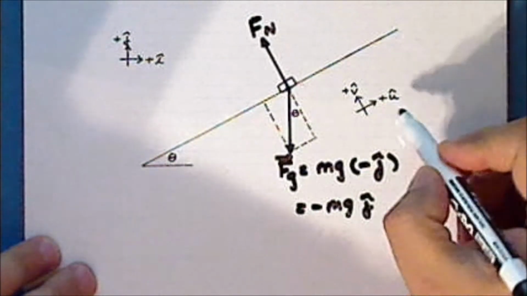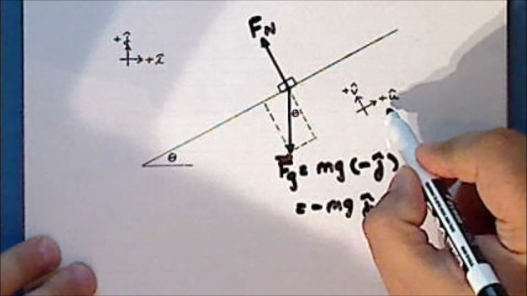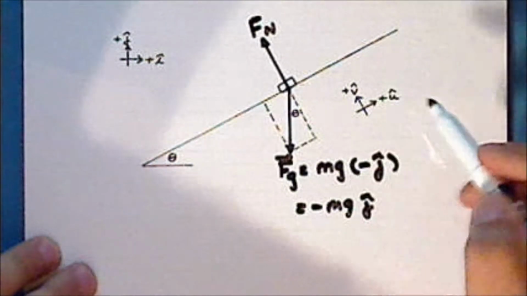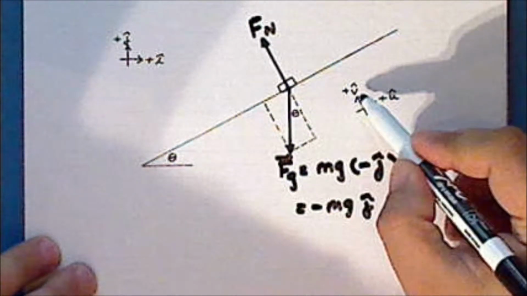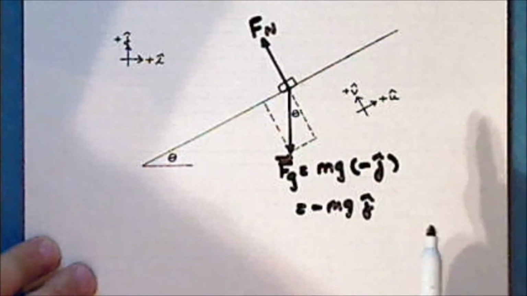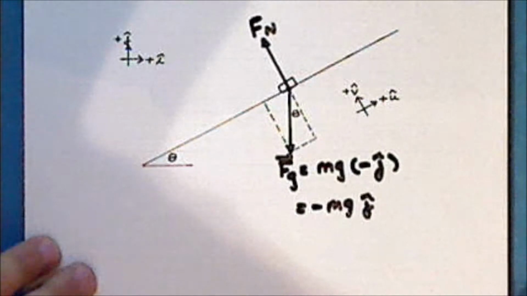So we can choose a unit vector u hat in the direction up the plane, and a perpendicular unit vector, v hat, in the same direction as the normal force.